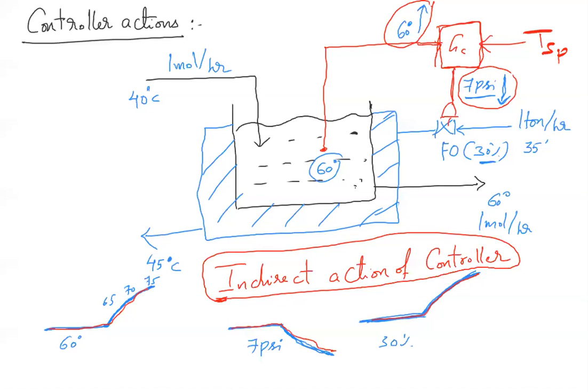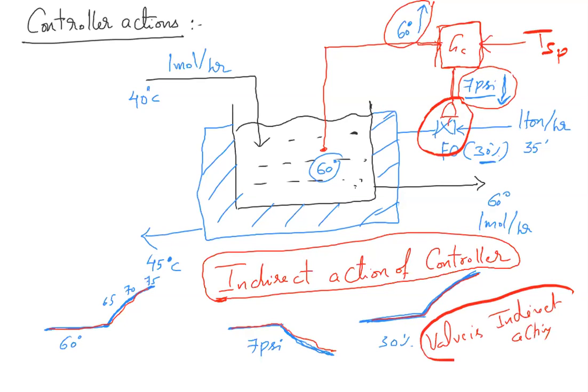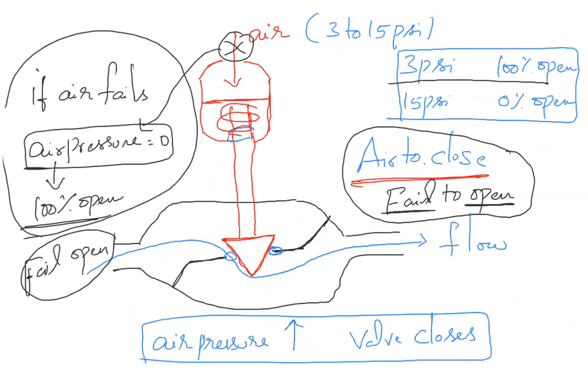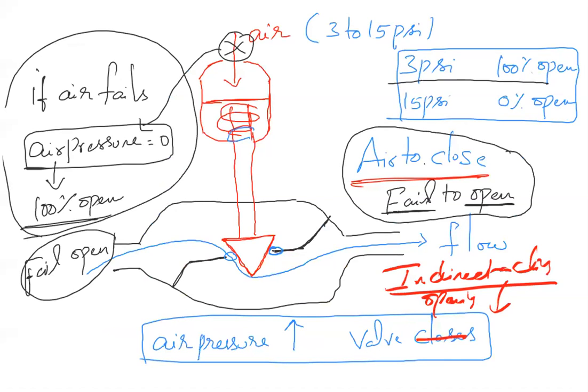What is this valve called? Air to close valves are called indirect acting. The valve is indirect acting because, for air to close, if the pressure increases, the valve opening decreases.